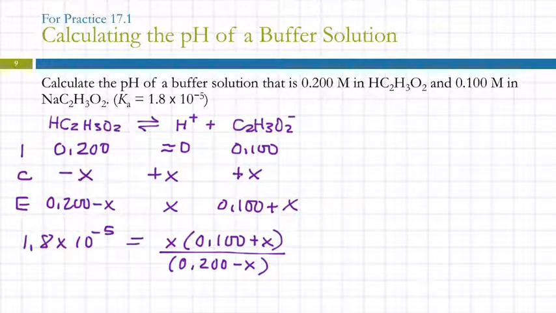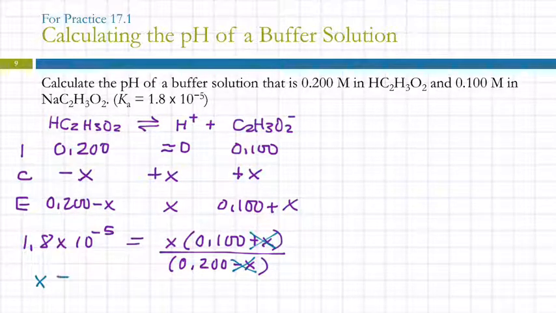So what is the approximation that we've been using to solve problems like this more easily? X is small. So let's give that a shot. If X is small, that means that when we're adding or subtracting X, it's just really not mattering. And so we're just going to leave those out.